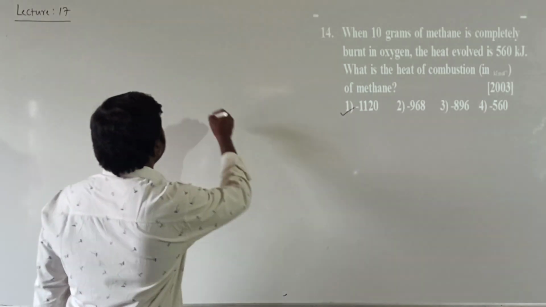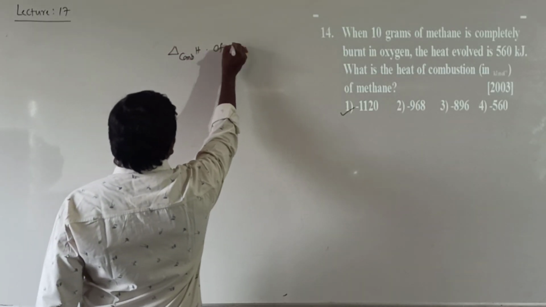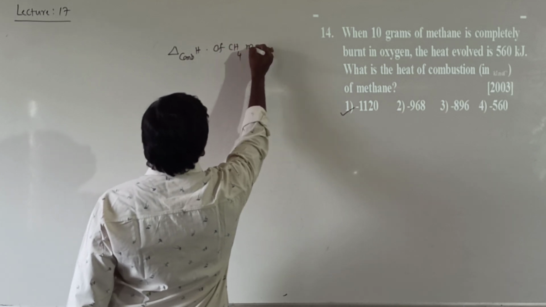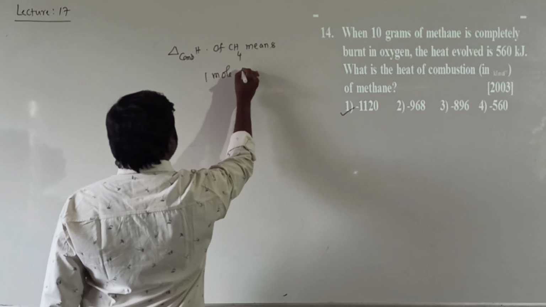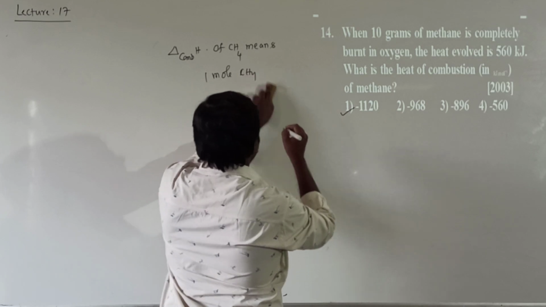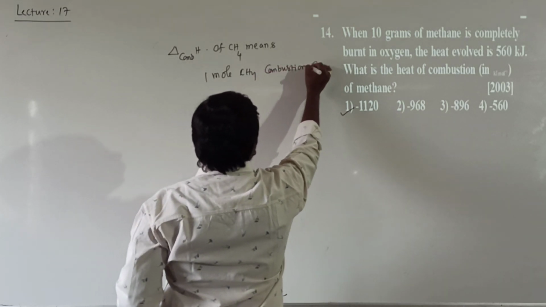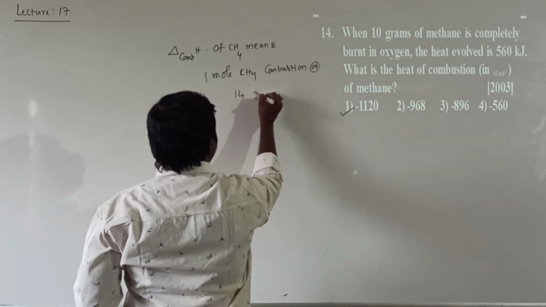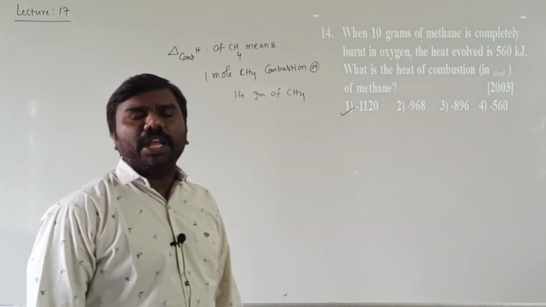So the heat of combustion of methane means 1 mole of methane combustion. Clear? 1 mole of methane is 16 grams, that is what it means.